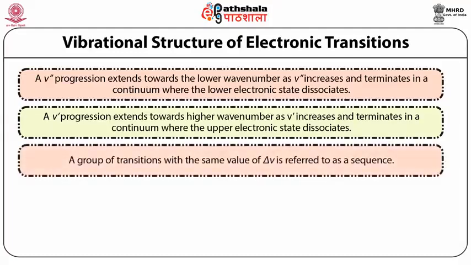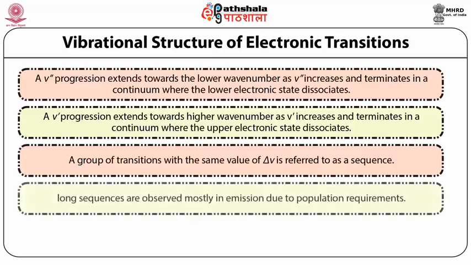A group of transitions with the same value of delta nu is referred to as a sequence. Long sequences are observed mostly in emission due to population requirements.